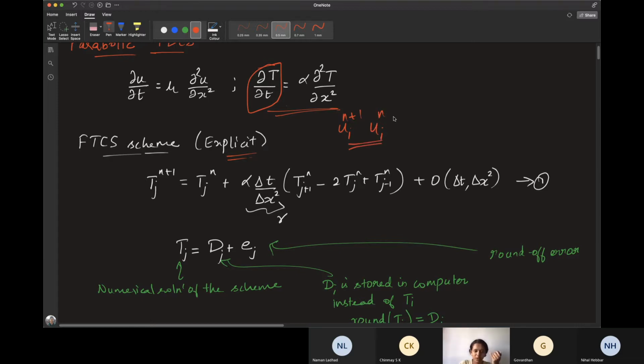When you require higher order accuracy, or when you have a higher order differential operator, in both cases you'll have to add an extra term. In that case, these both will be unknowns, so this will be like a multi-step method. When I say forward in time is explicit, it's only with respect to a first order differential operator and first order accuracy.